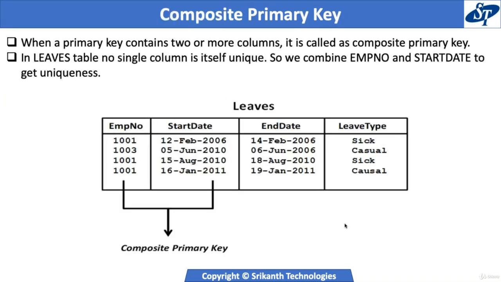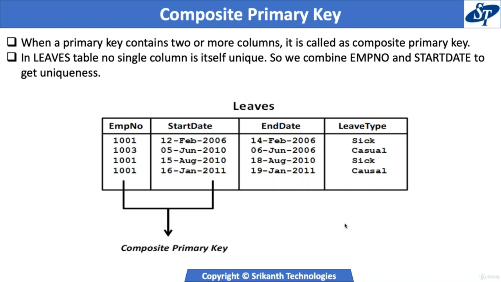And then if you go and look at this table, this is not a table where I can have a single column as primary key, because employee number itself cannot be unique. Starting date of the leave cannot be unique. For that matter, none of the columns can be unique. So in such cases, we try to put multiple columns together.